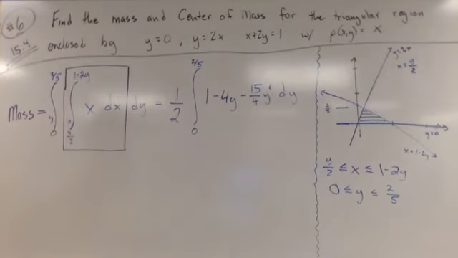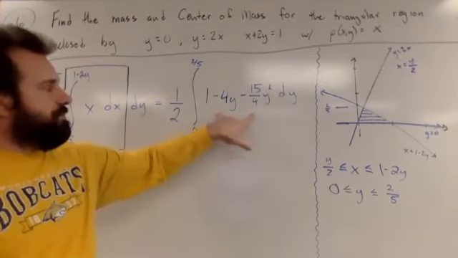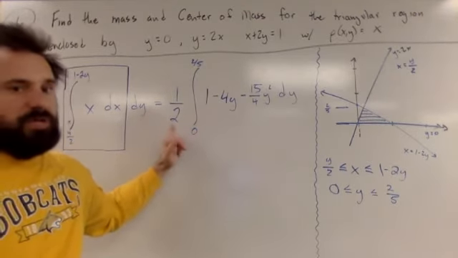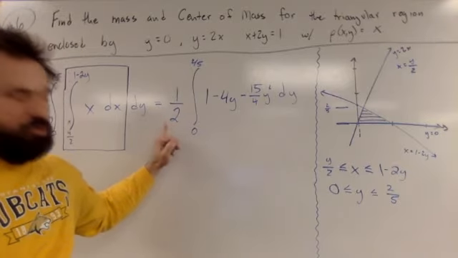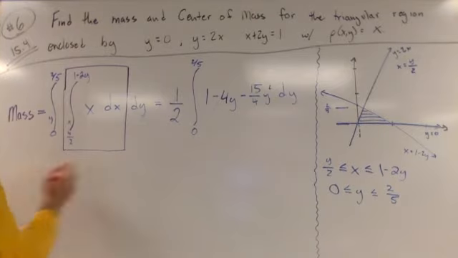Okay, so real quick, we cleaned that up. We just integrated what's in the purple box here, and we got this as my antiderivative. The 1/2, the coefficient, we moved out to the outside because we'll deal with that afterwards. So what we're going to do is go ahead and evaluate this now.